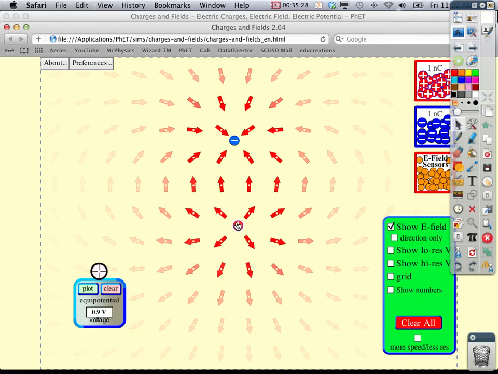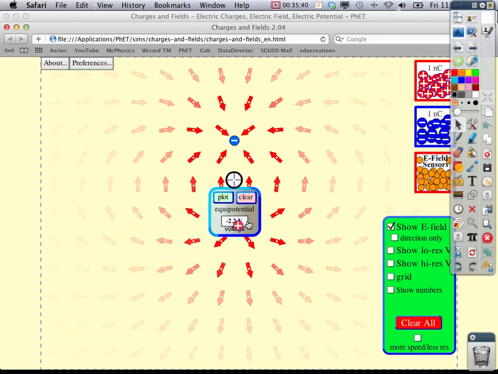And then, if we show the numbers, you can see the electric field strength that we're calculating right there. If I take this and put it right in the middle, it becomes 0.